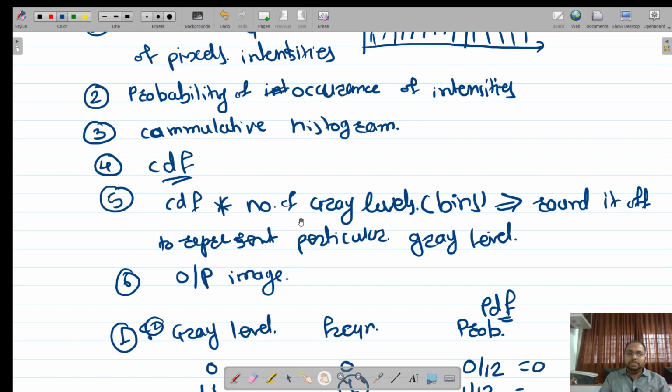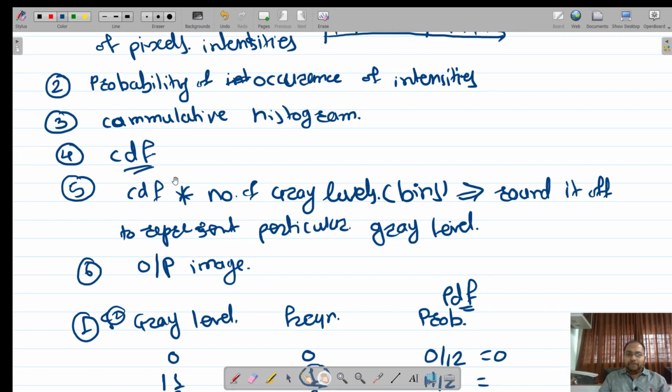Now what is the next step? The next step is to take the product of the CDF and the number of gray levels, that is 8.